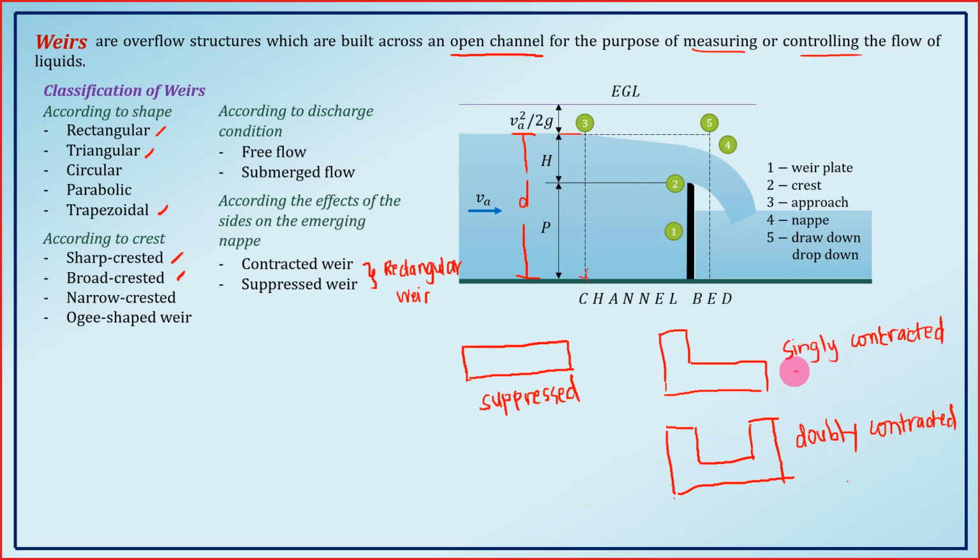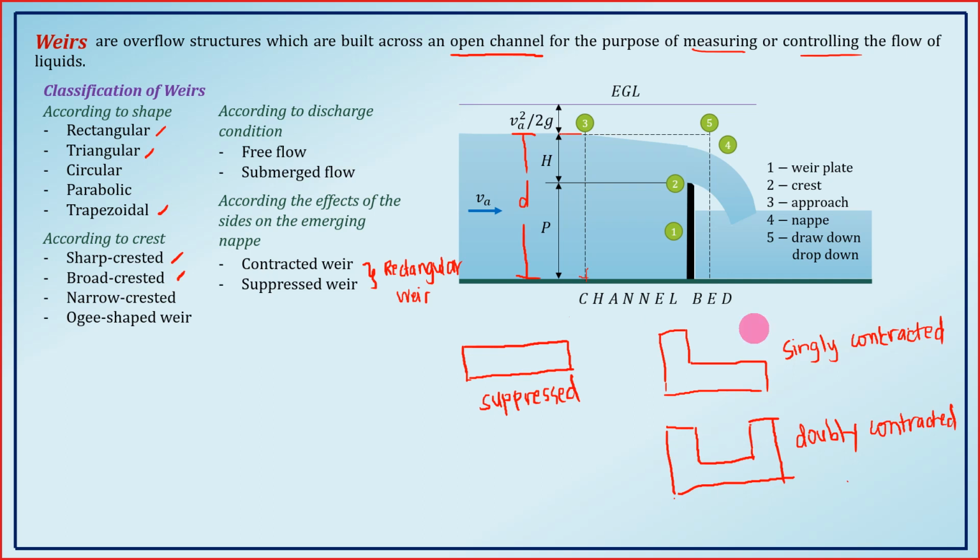Yun lang naman yung magiging hint ninyo sa problems kung anong type siya ng rectangular weir. Basta pag binanggit na contracted, doubly na yon. Hindi mo na kailangang alamin kung isa lang ba or dalawa, kasi dalawa na agad kapag end contracted or end contractions.